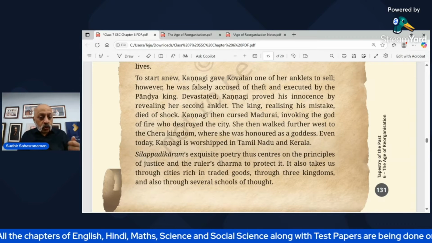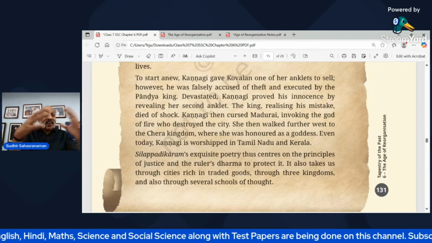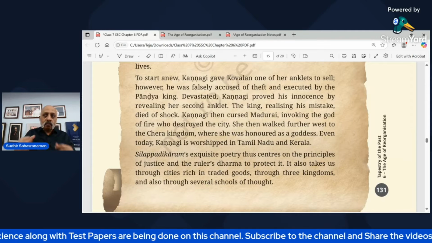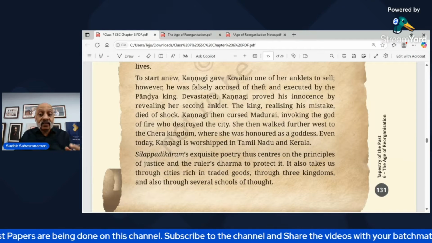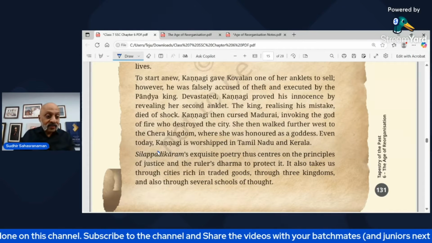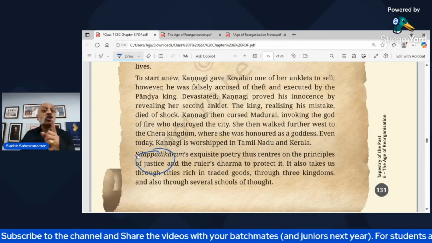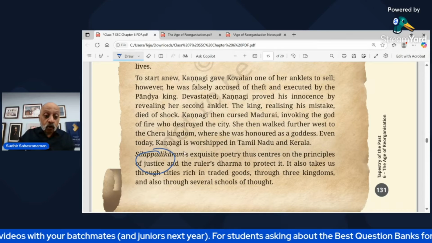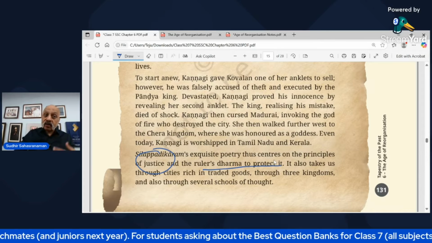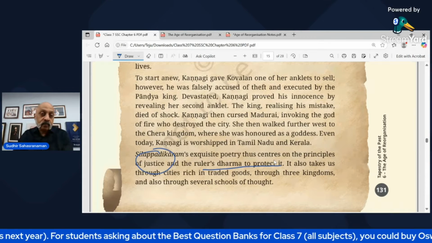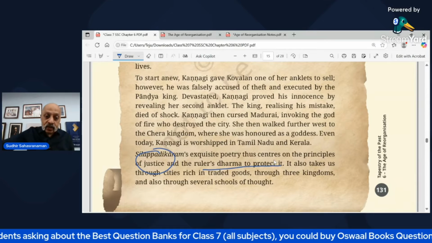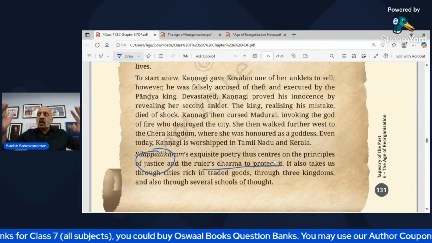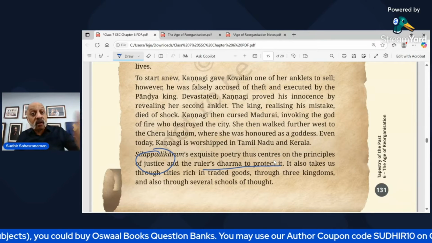So the poetry that describes this entire story of Kannagi and Kovalan is basically highlighting what? It highlights the theme of justice, that what the Pandya king did was not the right thing. It was not lawful, it was not just, and therefore he did not follow the Raj Dharma to protect somebody who was actually innocent, which is why they say whoever is ruling over a state or the country always needs to follow the Raj Dharma.